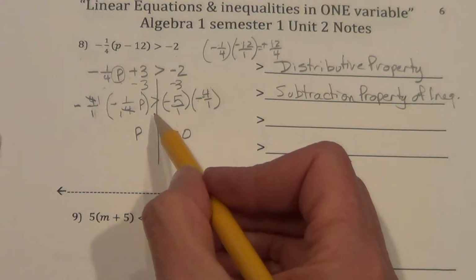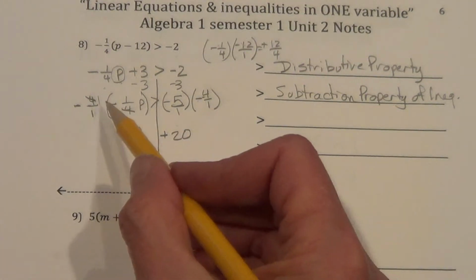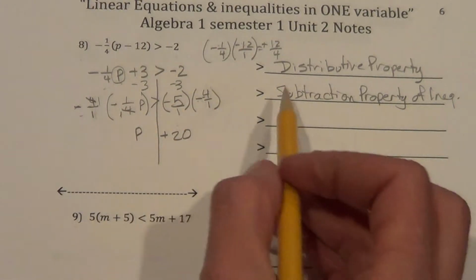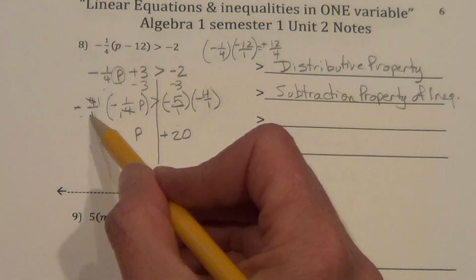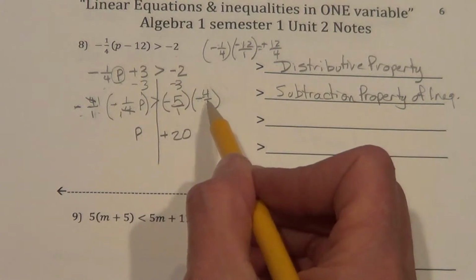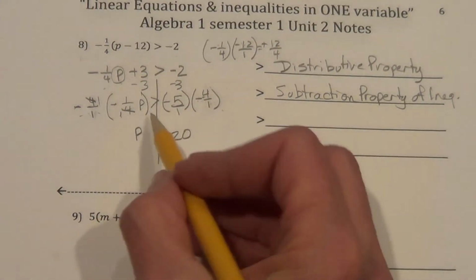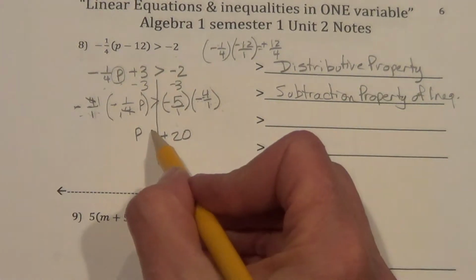Now, there's one thing that you need to make sure and do. If you ever divide or multiply by a negative on each side, when you do the multiplication property of inequalities, if it happens to be a negative number that you're multiplying on each side, you flip this inequality around.